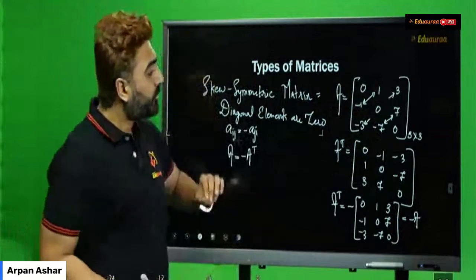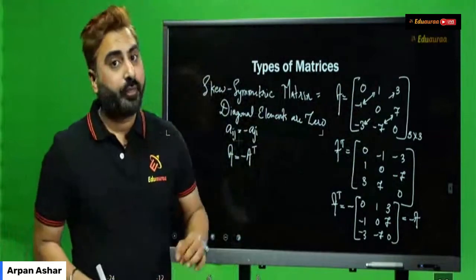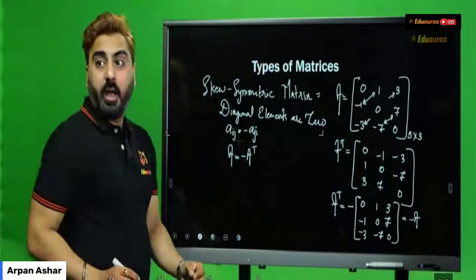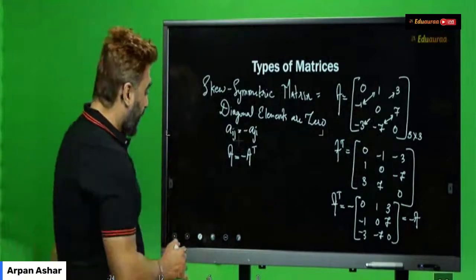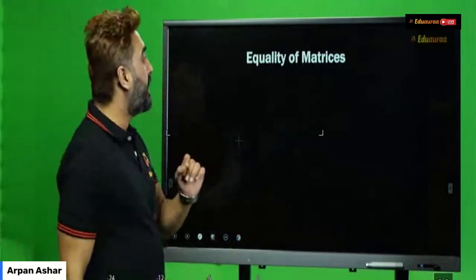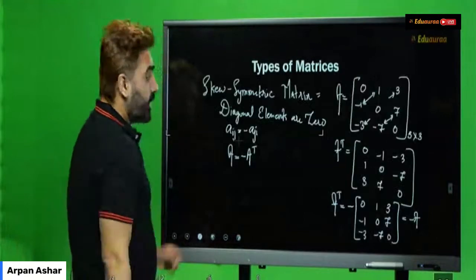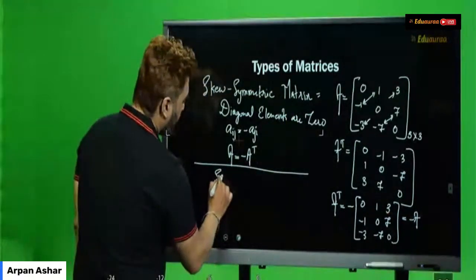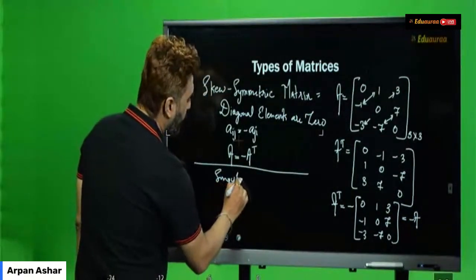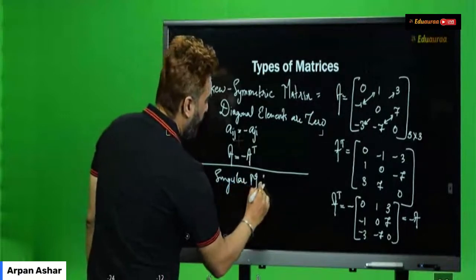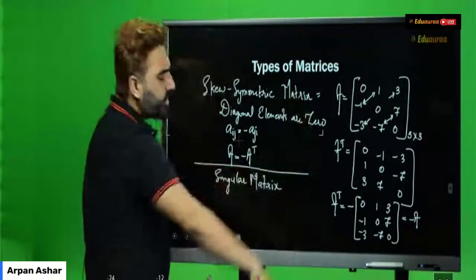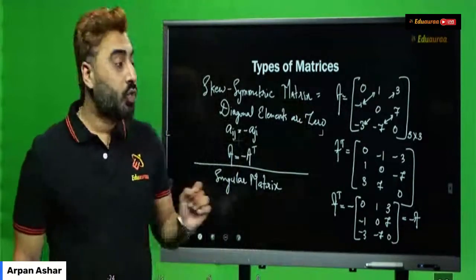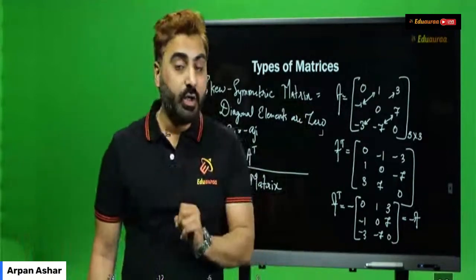Find the determinant value, get the answer, and with the help of that we can find one more type of matrix, which is the singular matrix. So what is a singular matrix? A singular matrix is basically a square matrix whose determinant value is 0.